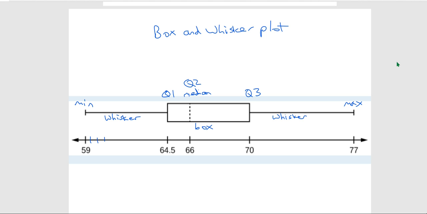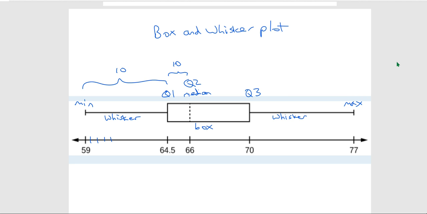If I was to put in the little tick marks here, that would be to scale from 59 to 77. And notice what it's showing us. In the first 10 pieces of data, the numbers are pretty spread apart. But in the next 10, the numbers are between 64.5 and 66.